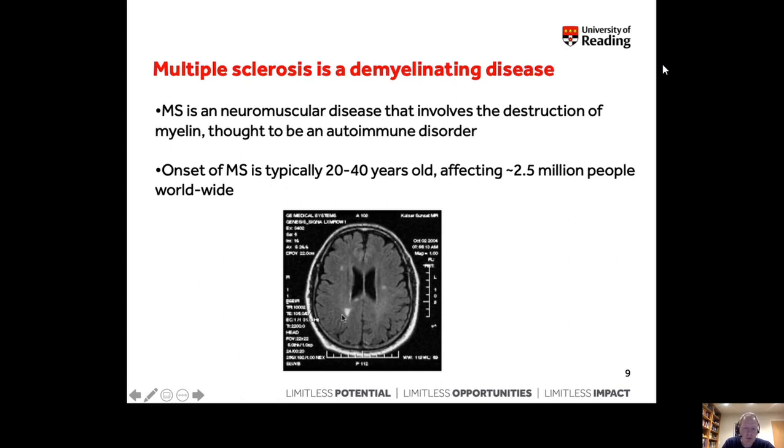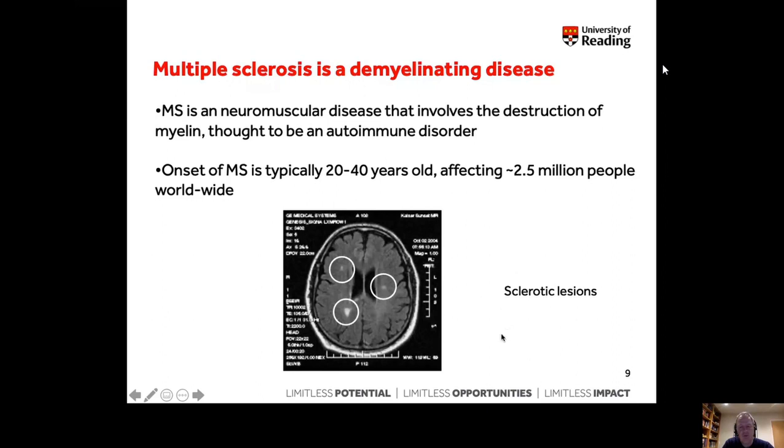So if we take an MRI scan of somebody with multiple sclerosis, what is obvious from the scan that shouldn't be seen in a healthy person are these white areas here. And these white areas are called plaques or sclerotic lesions. And that's where you get the name multiple sclerosis.